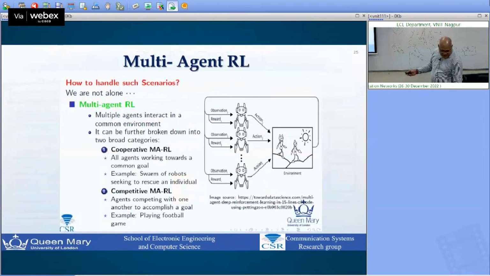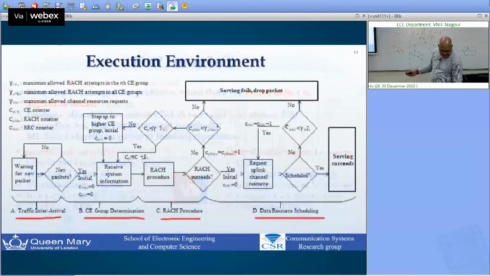Okay, so now this is the uplink process. Here, what is happening is, from a device, first one packet arrives. You have millions of devices around the base station. In a particular device, a packet arrived.